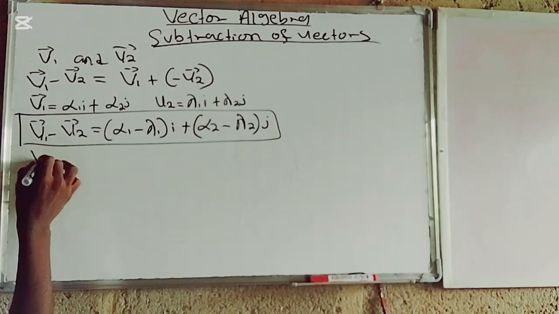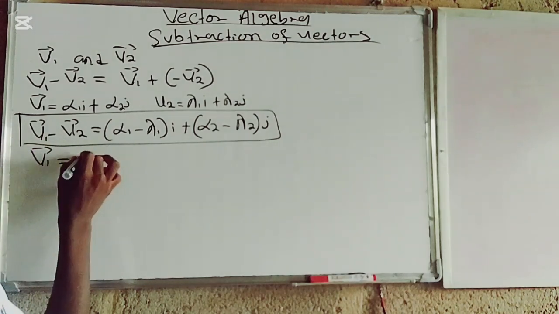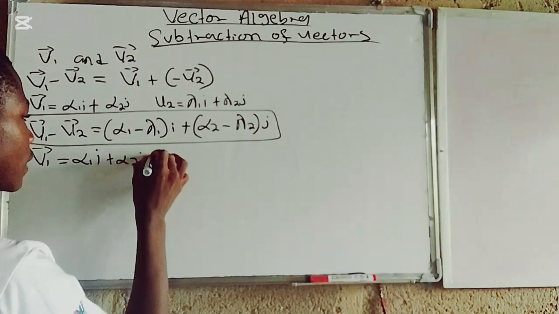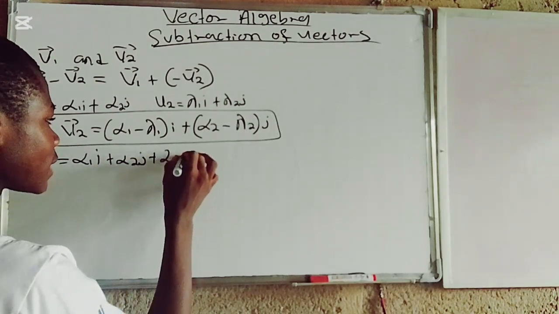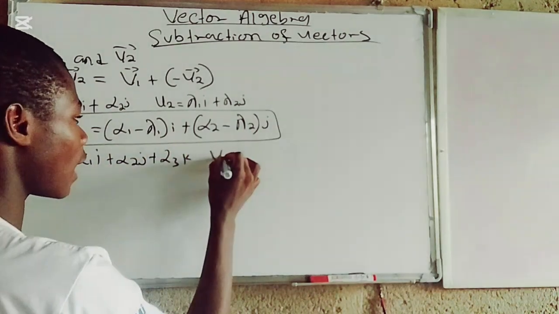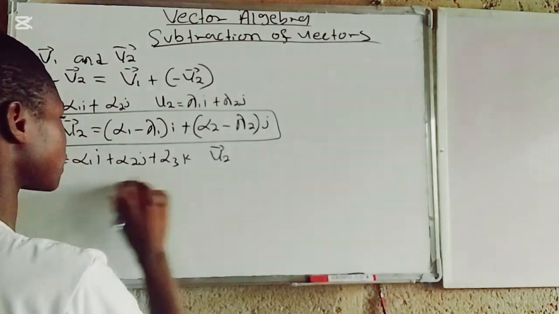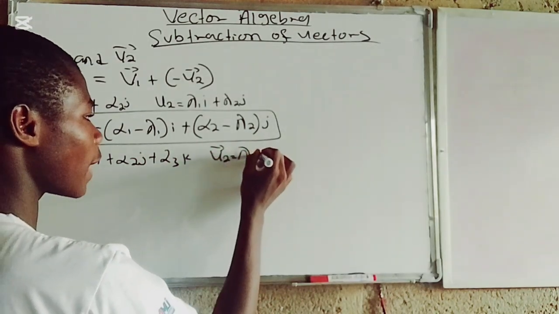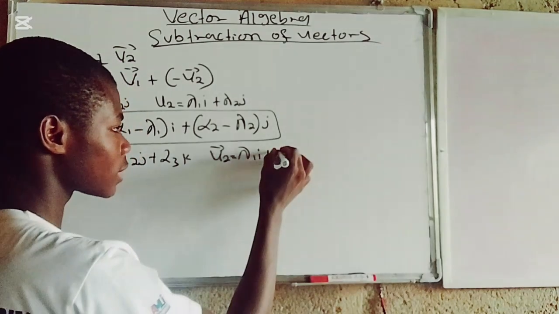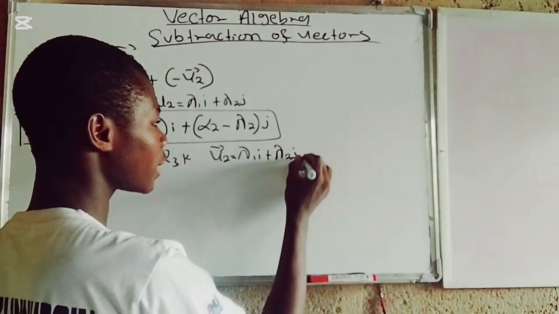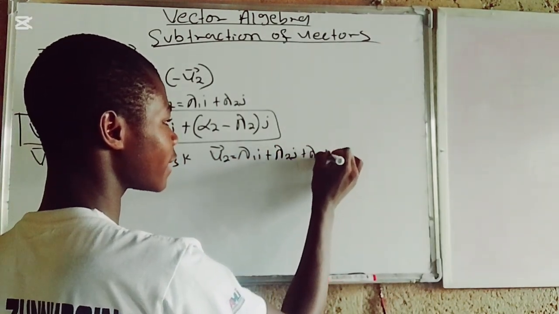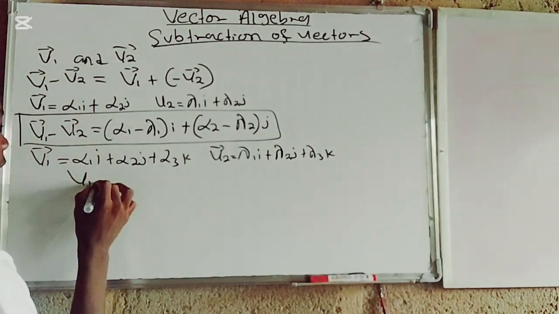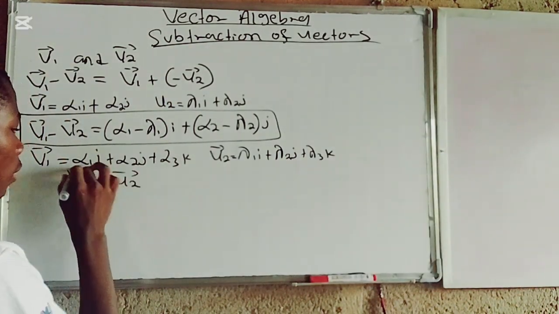Also the same thing if v1 is the same thing as alpha 1 i plus alpha 2 j plus alpha 3 k, and v2 is the same thing as lambda 1 i plus lambda 2 j plus lambda 3 k. So I'm asked to find v1 minus v2.